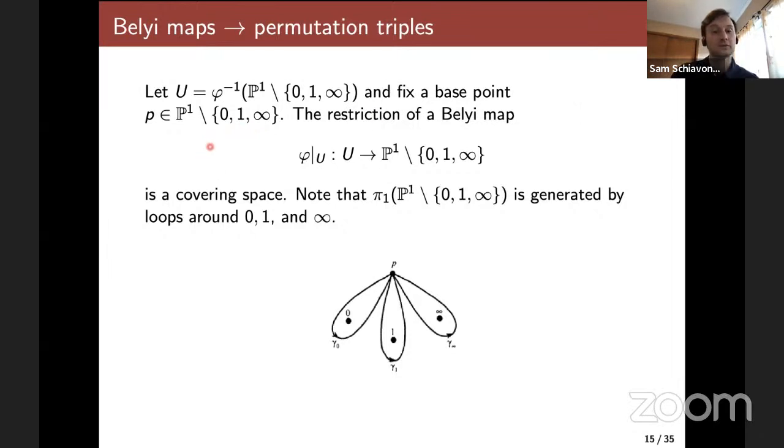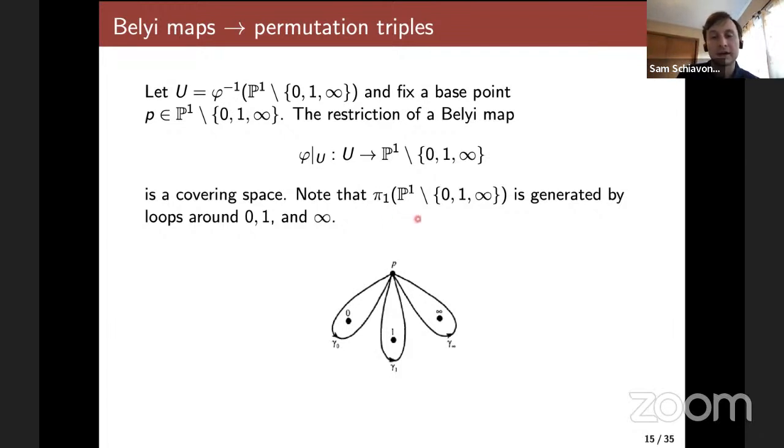So basically what we've done is we've thrown out the three ramification values downstairs and thrown out the fibers above them upstairs in our Riemann surface X. Since we've thrown out the fibers above the ramification points, if we restrict our map phi to this open set U, what we have is an honest covering space, so unramified, which allows us to apply results in covering theory.